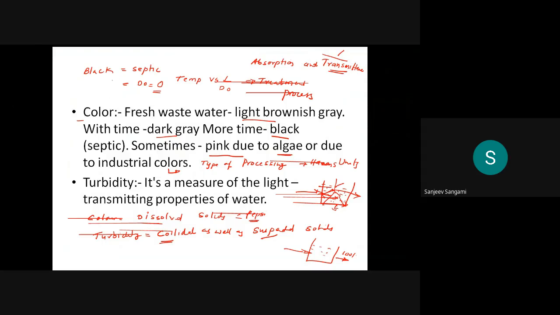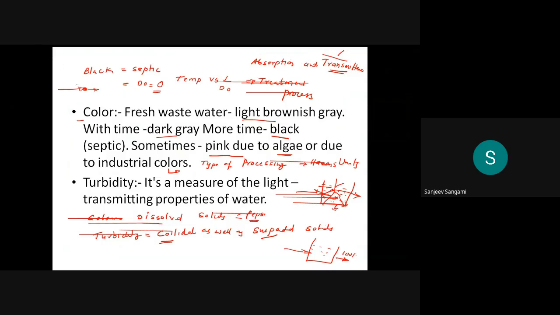Absorption means, assume this is a particle present in the water, and light is hitting this particle. Some of the light is absorbed by the particle, and the remaining is transmitted to the other side. If it is 100% absorbance, there is no transmittance.